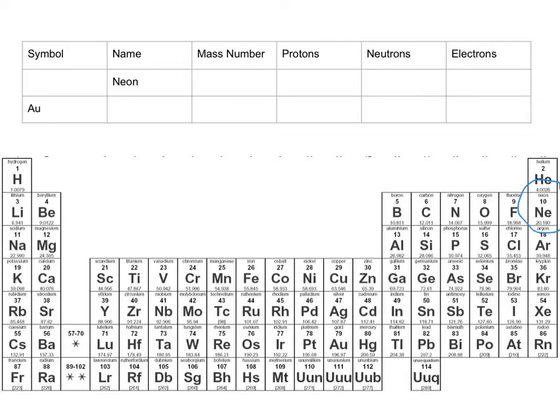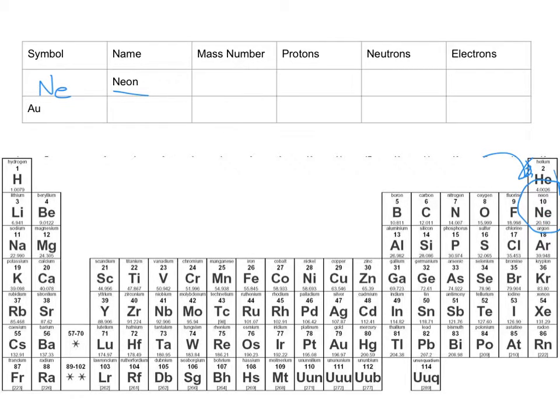On the first row, I ask about neon. So I look at the periodic table, and I find neon over here at number 10. So I know I have the symbol Ne for neon. Well, I need the mass number, and the mass number is down here at the bottom of the square.